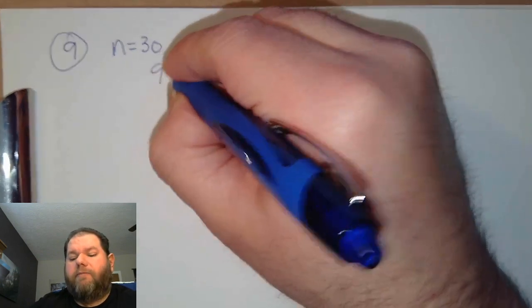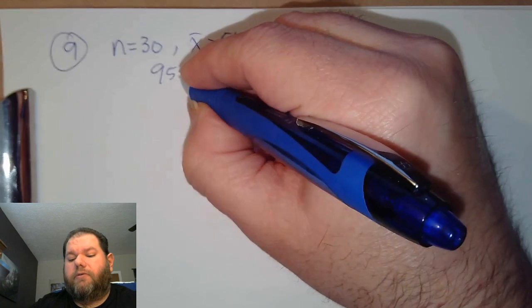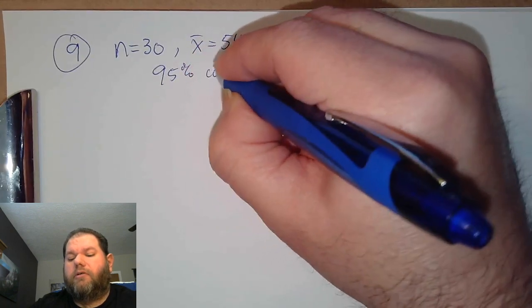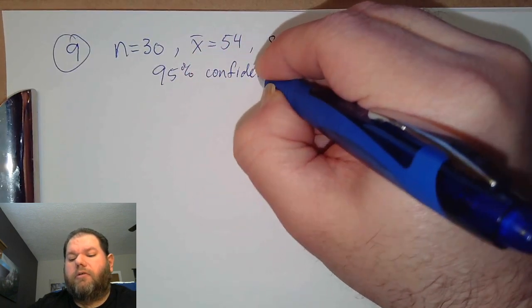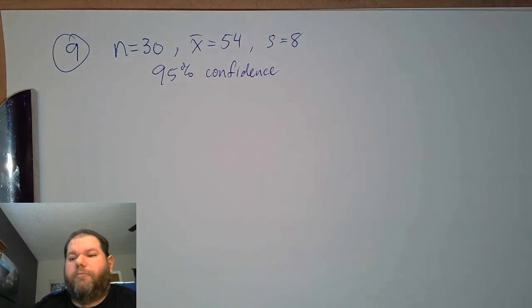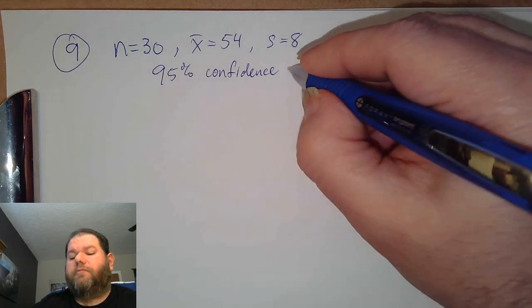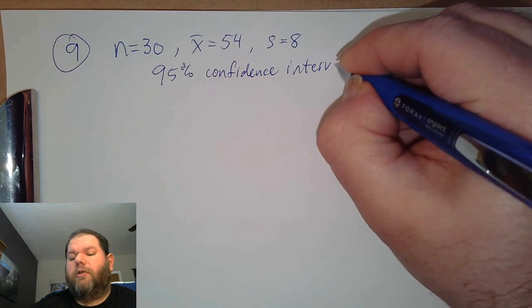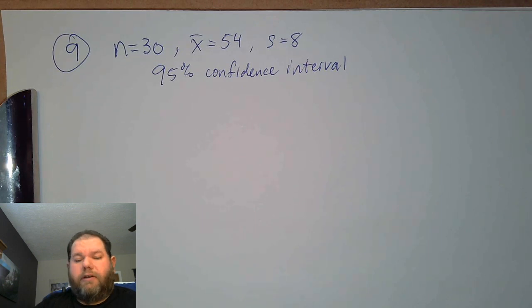Create a 95% confidence interval for the mean length of sentencing for an aggravated assault conviction. Okay, so this is the data that we're provided.